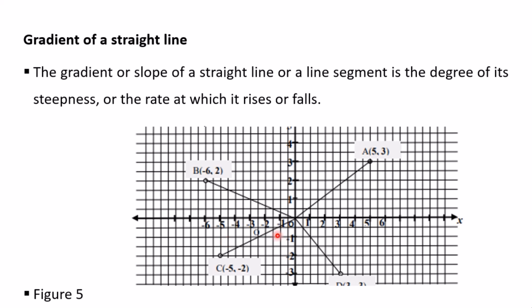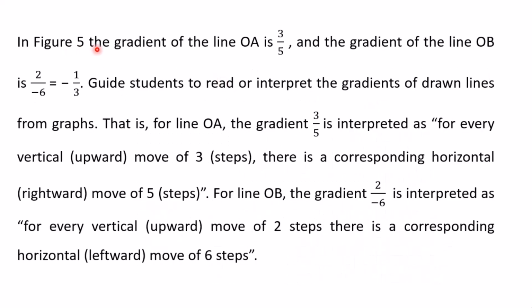So quickly, let's look at the next slide. So that's what we're talking about. The gradient of the line OA is 5/3. Why is it 5/3? Because we can interpret this as, for every vertical upward move of 3 steps, there is a corresponding horizontal rightward move of 5 steps. If you are moving right, then it's not negative. But when you are moving left, it's negative.